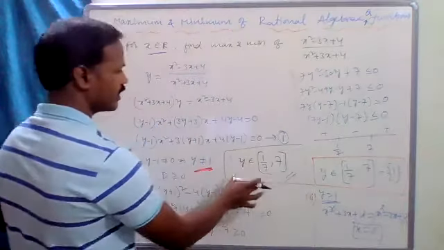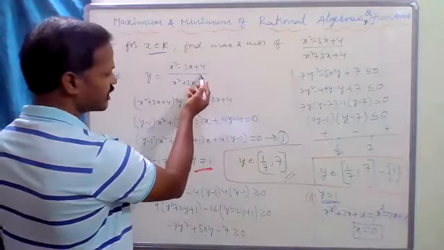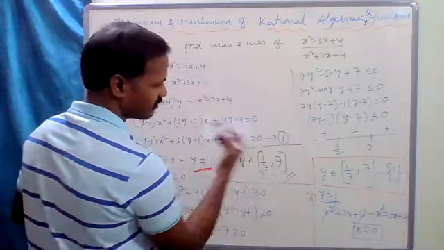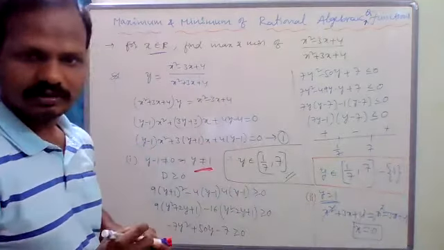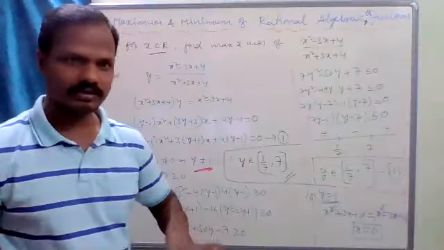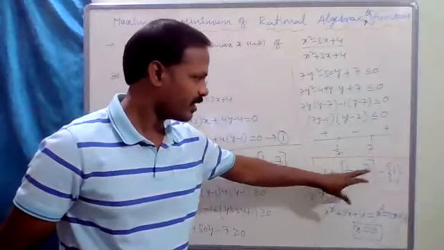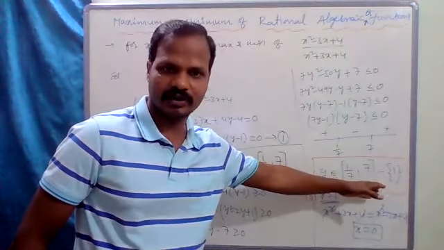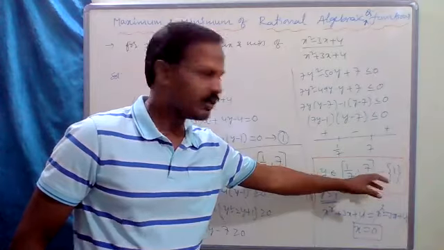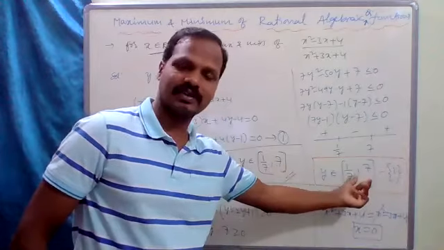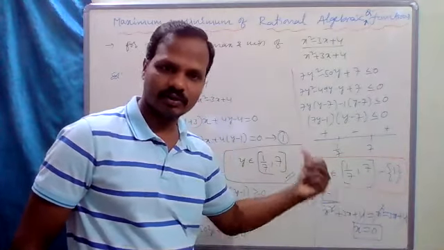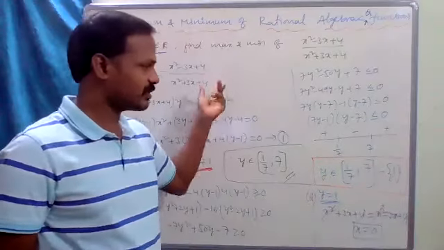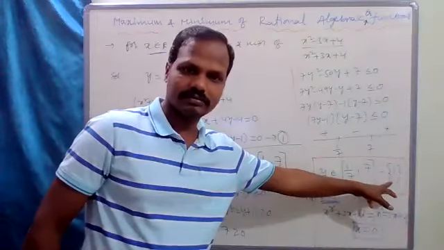So that means the minimum value of this expression is 1 by 7 and the maximum value is 7. Listen carefully here. We got this solution, the y value. Here 1 is in this interval, so you have to check the value of this expression at 1.